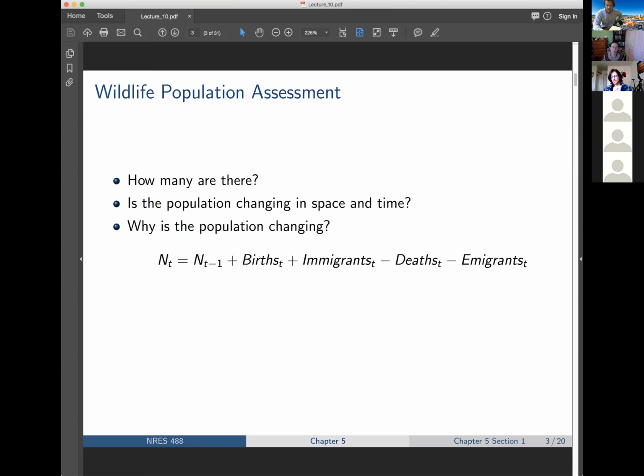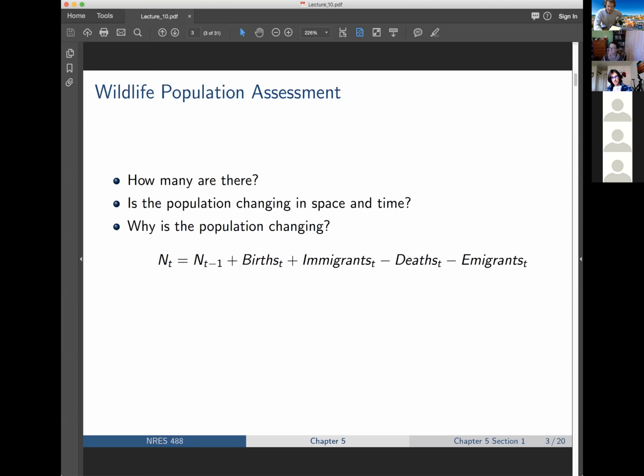And developing methods and tools for estimating how populations change in space and time is one of the primary objectives that my research lab consists of answering. And there's a lot of complexities and idiosyncrasies with every population, and developing methods to address those complexities and idiosyncrasies can sometimes be complex.